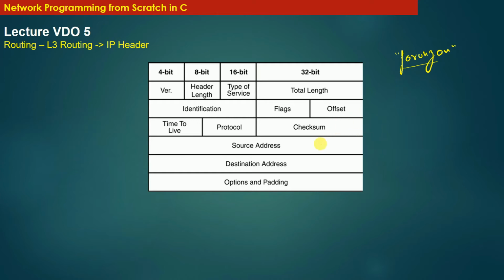In this IP header, you can see that the source IP address is there and the destination IP address is there. Both fields are 4-byte fields. And you have a protocol field here. The value of this protocol field will be the identifier of the next protocol that is running above the network layer. It could be UDP, it could be TCP or anything. We will discuss this protocol field in detail later.